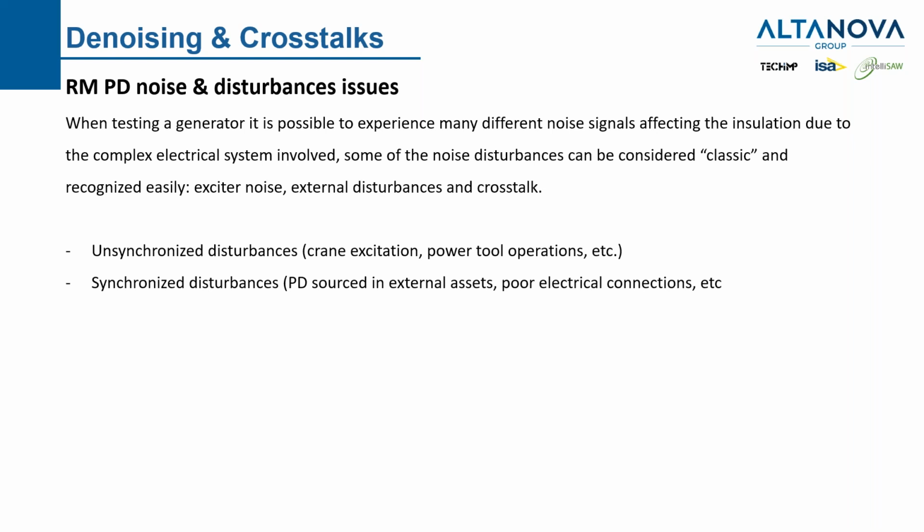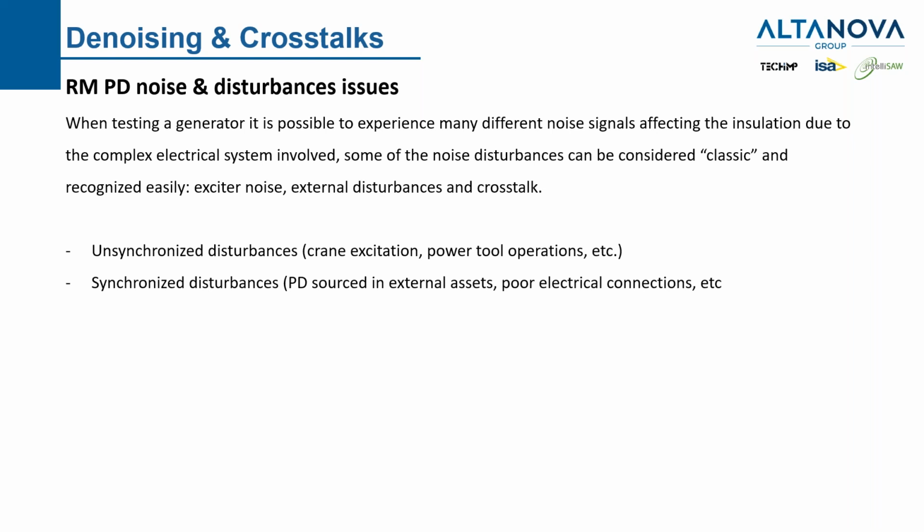Instead, when I talk about synchronized disturbances, I mean a signal that is correlated with the applied voltage of the generator. That can come from a PD source external to the asset. That can be due to poor electrical connection. If we have some floating parts, for example, they can affect the measurement as well.